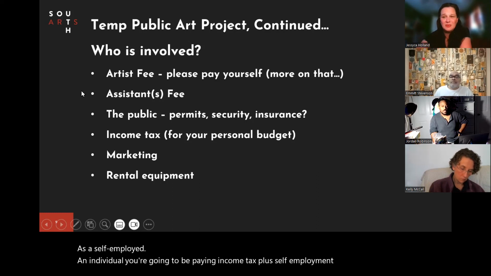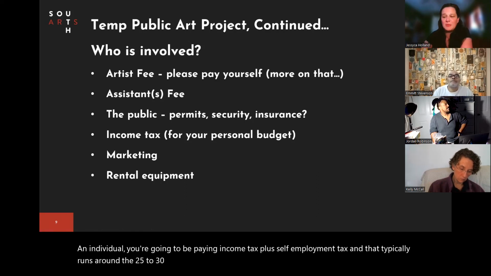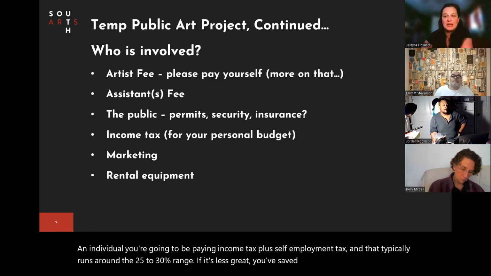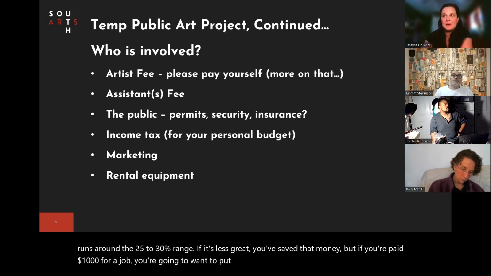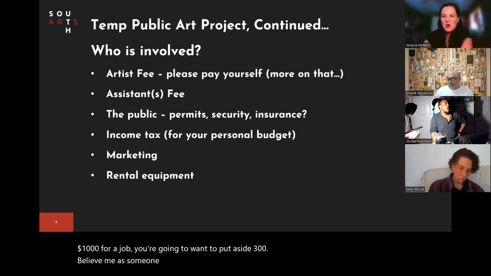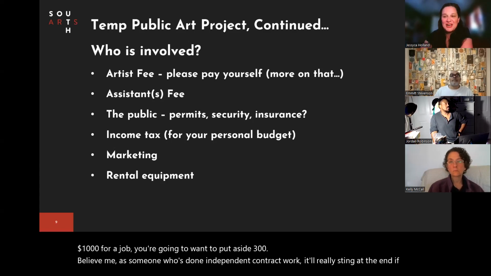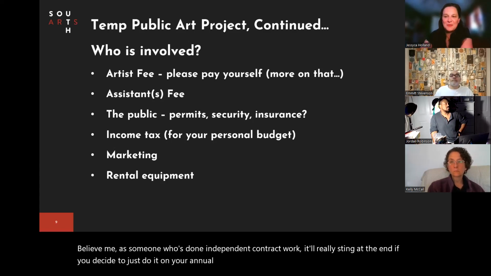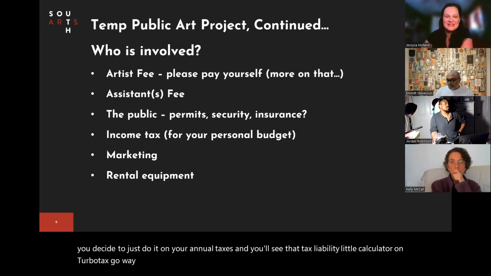That typically runs around the 25 to 30% range. If it's less, great, you've saved that money, but if you're paid $1,000 for a job, you're going to want to put aside 300. Believe me, as someone who's done independent contract work, it'll really sting at the end if you decide to just do it on your annual taxes, and you'll see that tax liability calculator on TurboTax go way up, and that's never any fun.